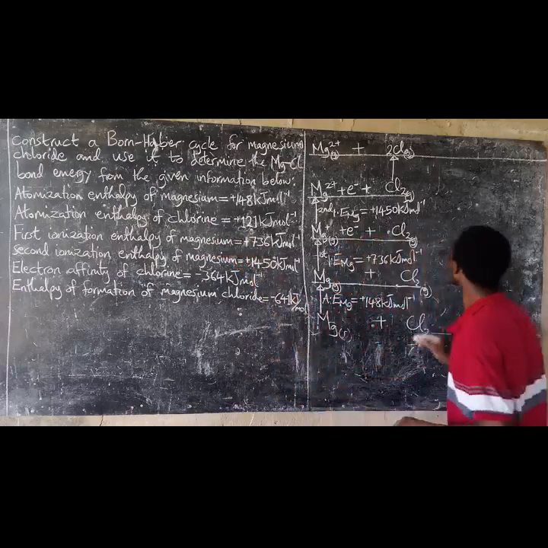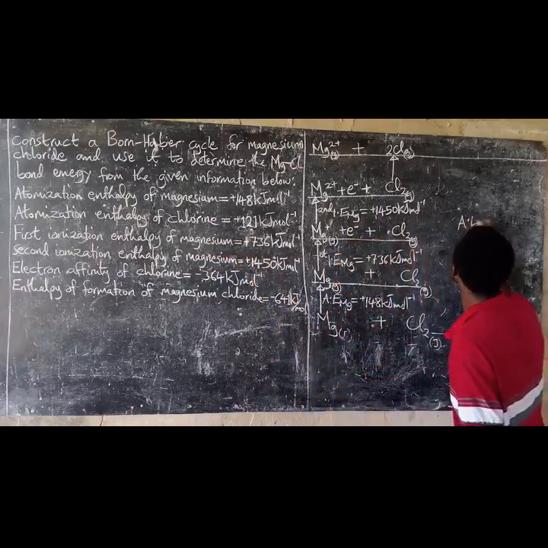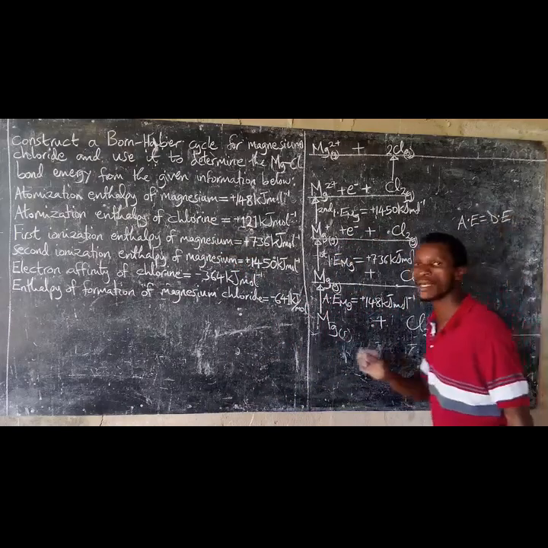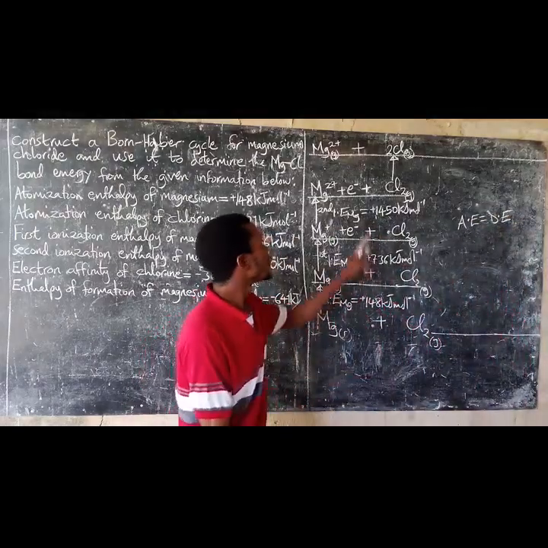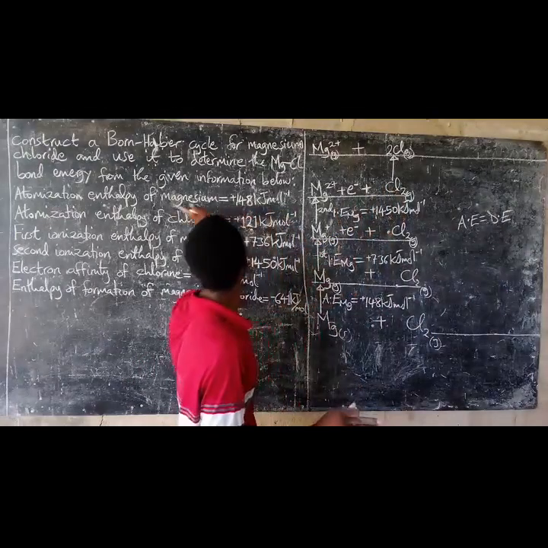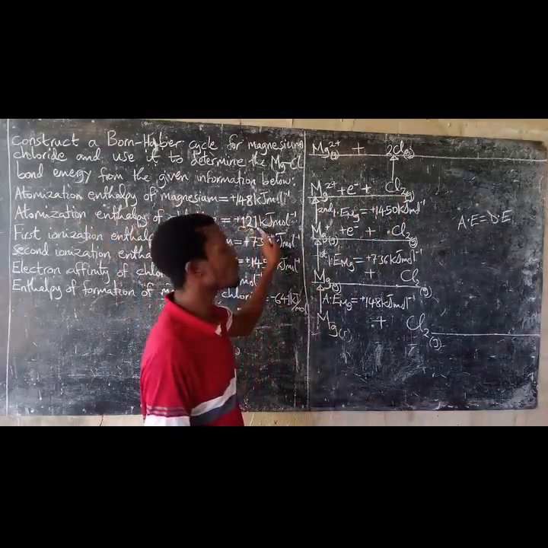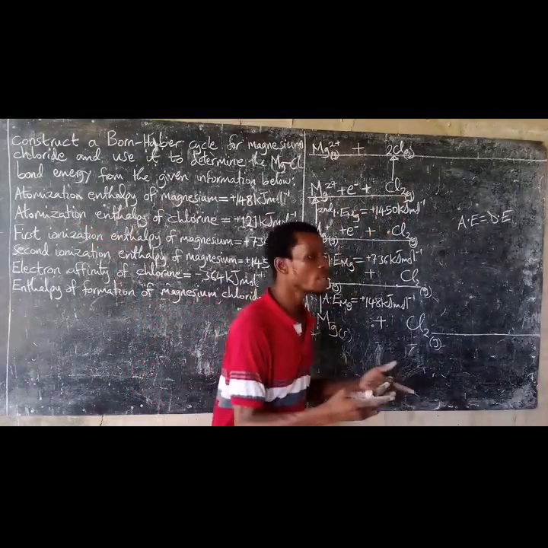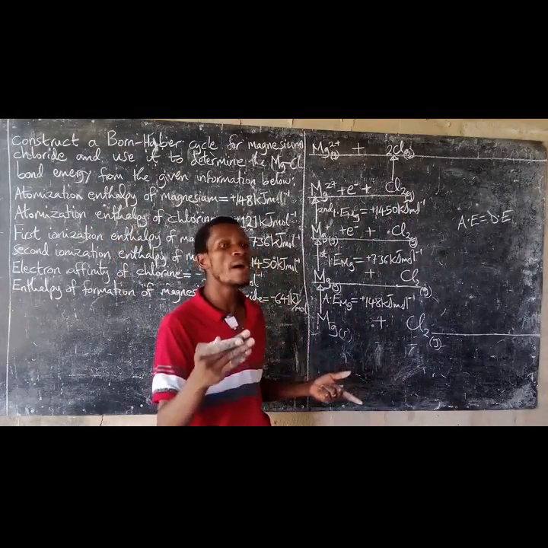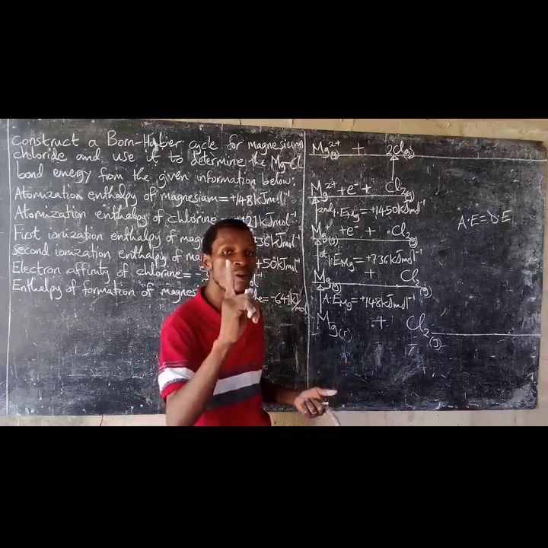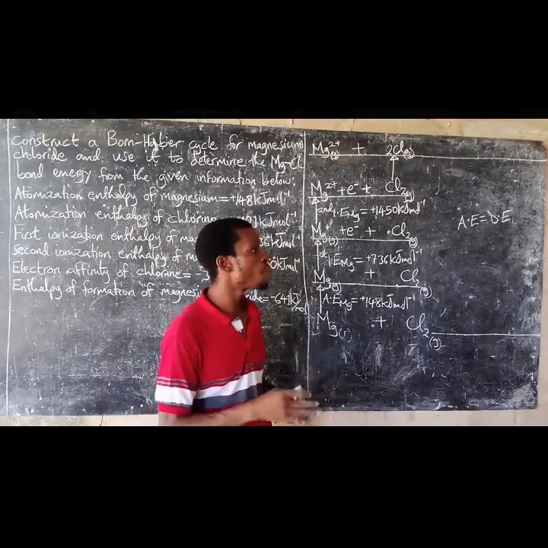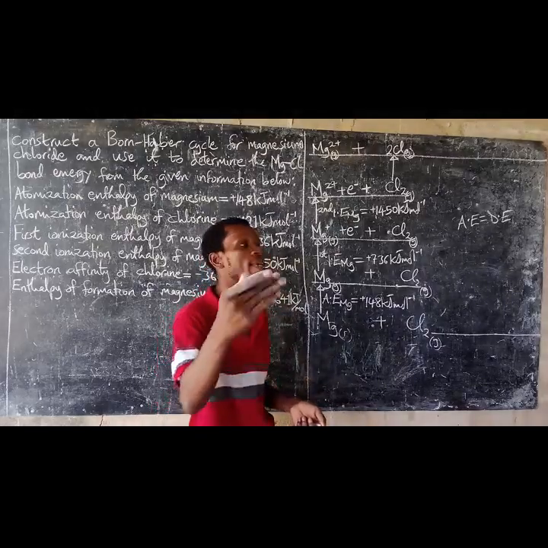But we have to know that there is a relationship between atomization energy and dissociation energy. The energy used here is the dissociation energy and not the atomization energy that we have been given. What is the dissociation energy? Dissociation energy is the heat energy required to break down 1 mole of an element which exists in molecular form to form the corresponding gaseous atoms.